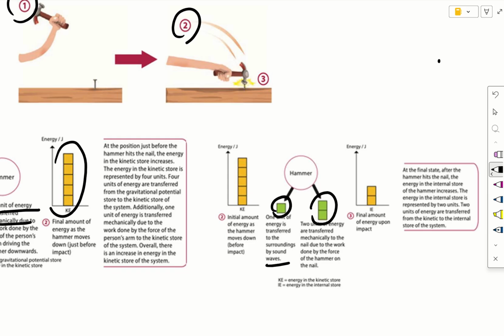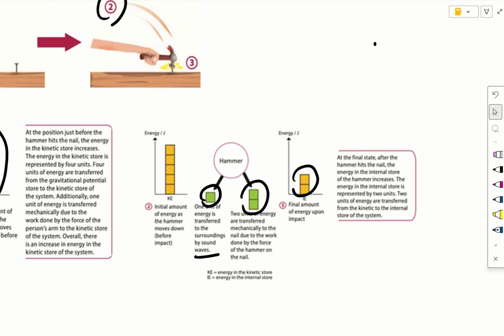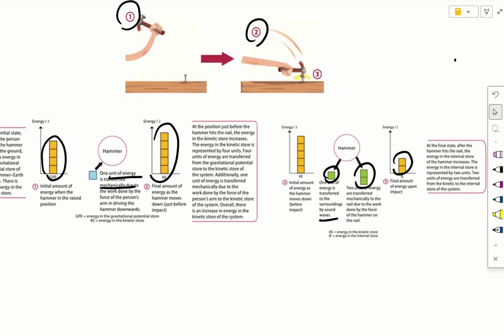Okay, so 5 minus 1 minus 2, in the end we are left with 2 units in the internal store of the hammer, right? So the energy in the internal store of the hammer becomes 2 units, and yeah, okay, so this is how we describe the energy transfer.